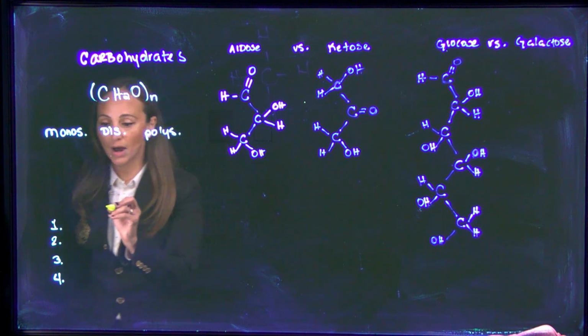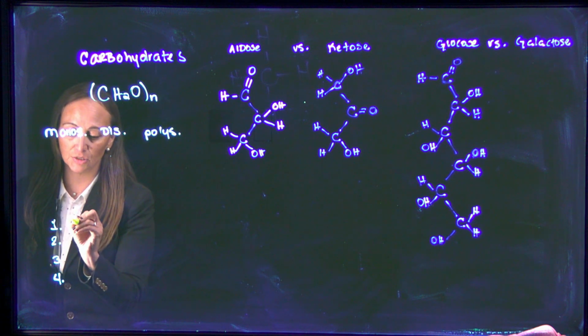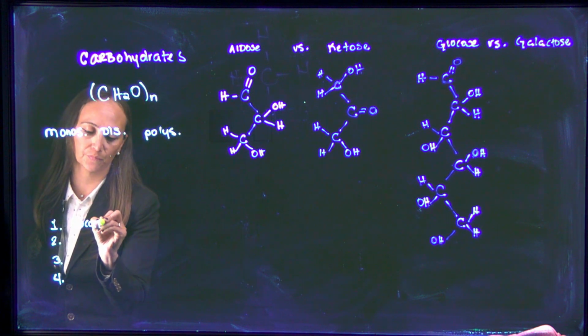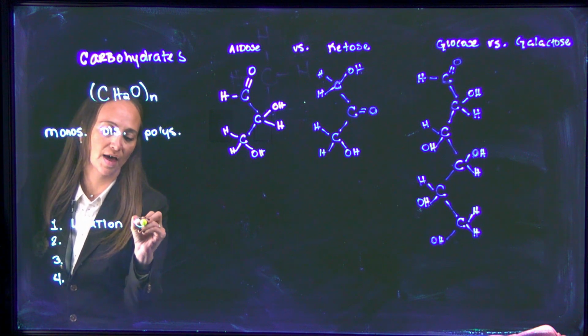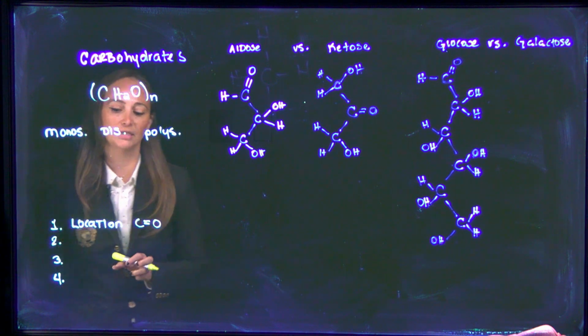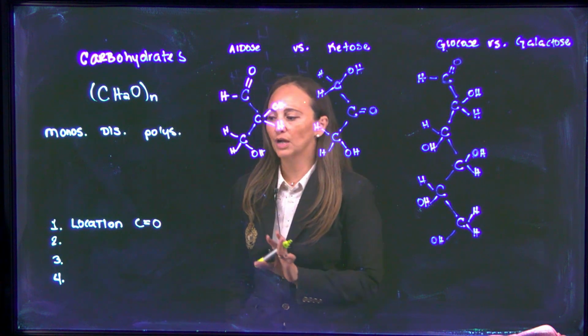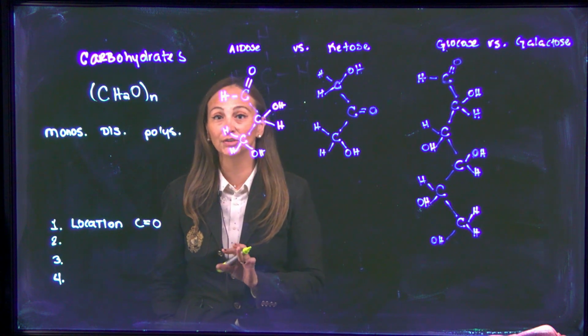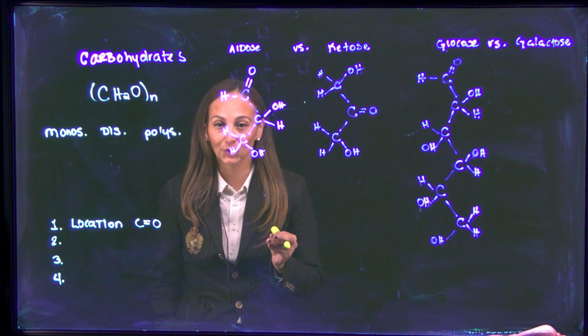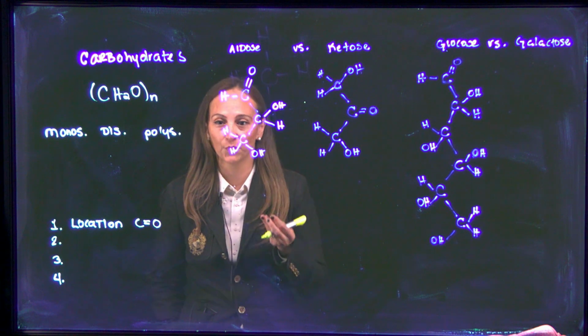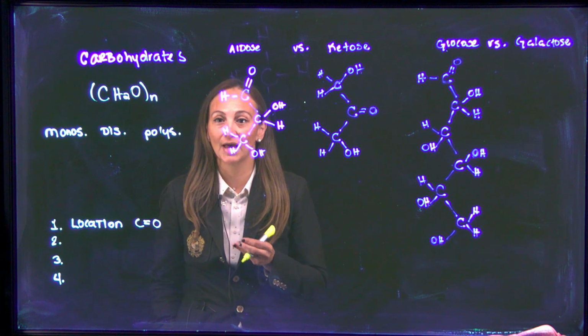And number 1 is going to be the presence or the location of that carbonyl group, right? So the carbonyl group is just going to be very simple. Carbonyl group is also known as a ketone. So you have probably heard that term before in diets referred to as ketones.